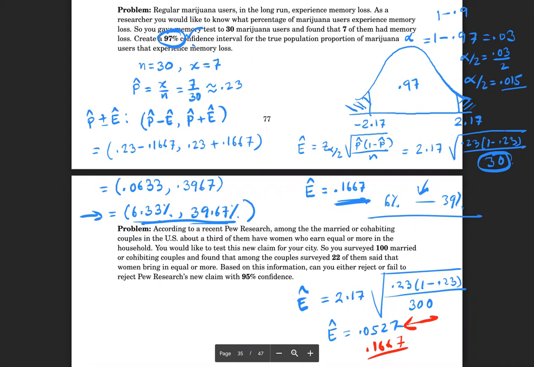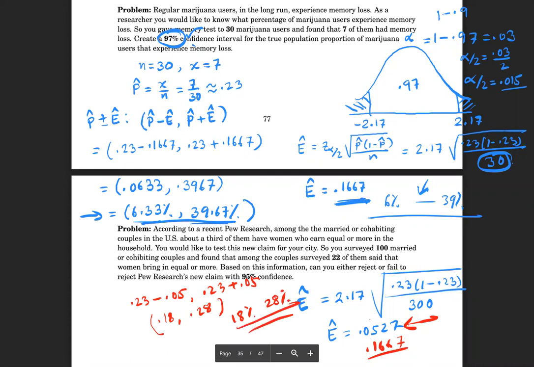So if we were to do it using, let's say, 0.05, it's going to be 0.23 minus 0.05, 0.23 plus 0.05. So 0.23 minus 0.05 is 0.18, and 0.23 plus 0.05 is 0.28. So now it falls between 18% and 28%. Do you see?